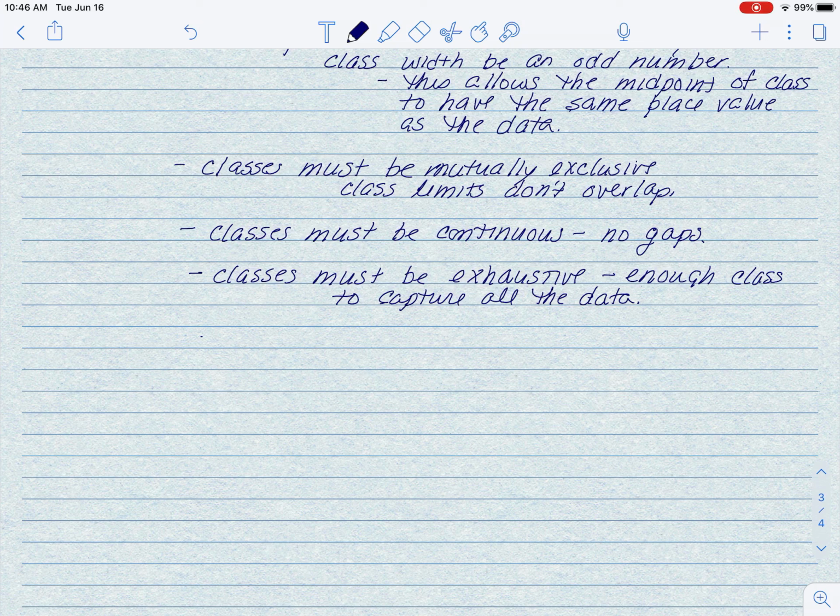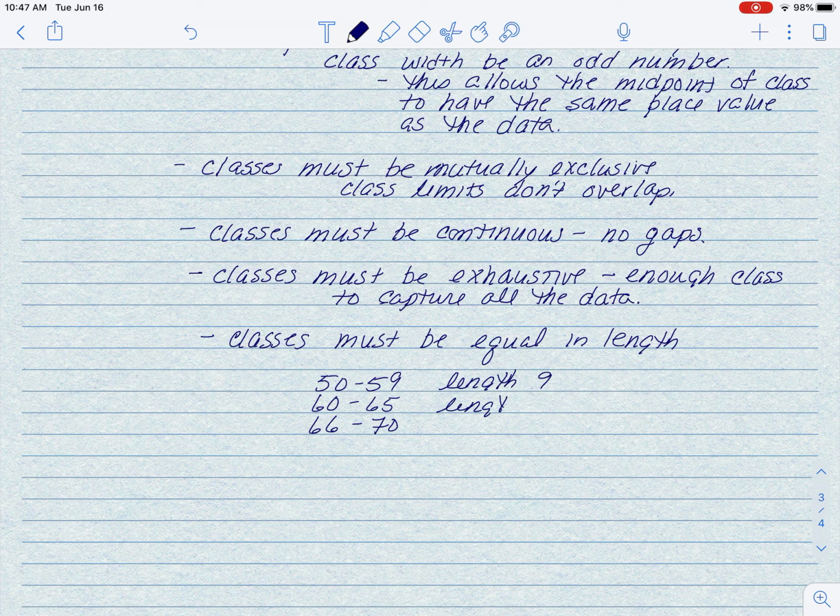And classes must be equal in length. For example, if I had classes that went 50 to 59, 60 to 65, 66 to 70, this wouldn't work because the length of this class is 9, the length of this class is 5, and the length of this class is 4.